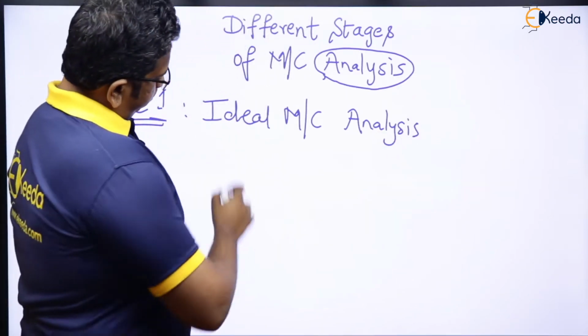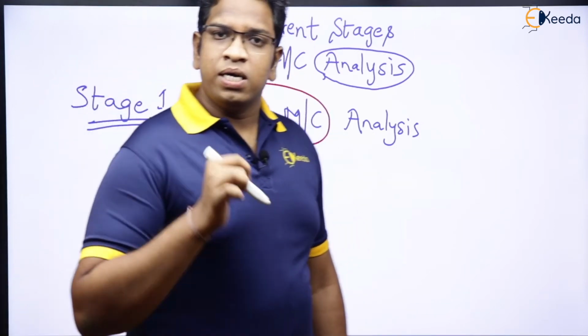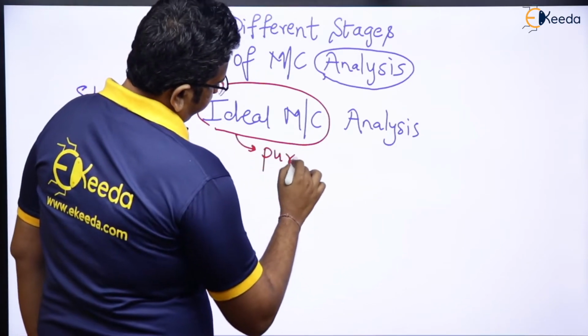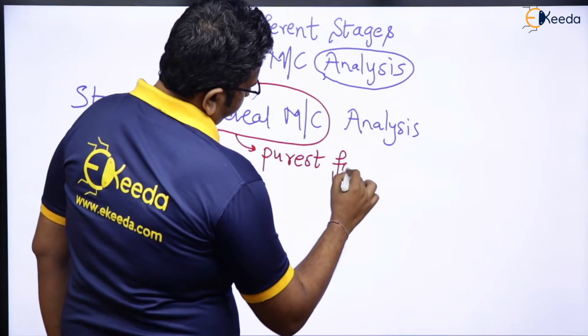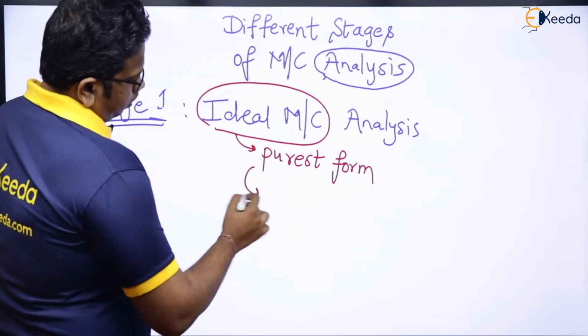Now here a student asked me, sir, what do we mean by ideal machine? Ideal machine means the machine in its purest form. What do we mean by purest form? Very simple.